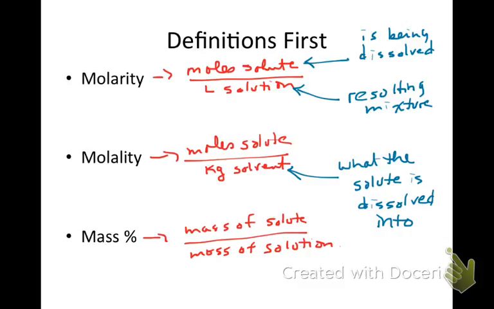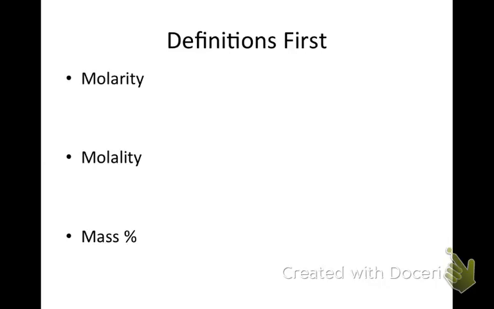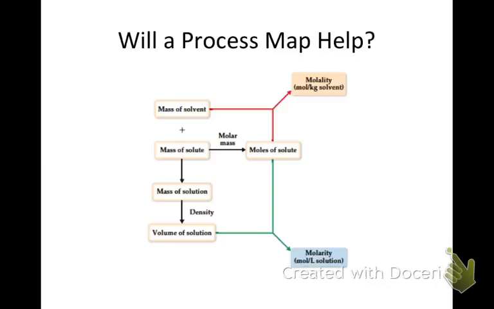Alright, so let's look at some problems. Let's take a quick look at a process map, and this might help put some things together. When we're calculating, say, molarity, we have to determine what the moles of the solute are and what the volume of the solution is.